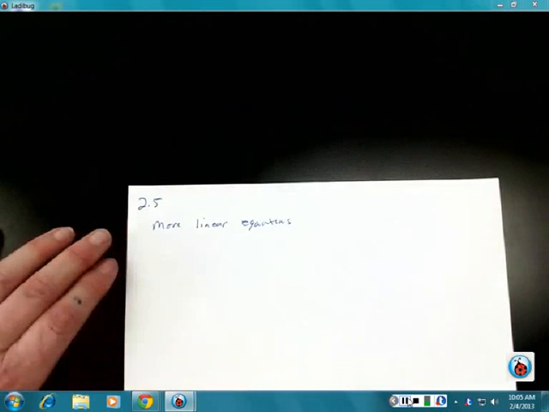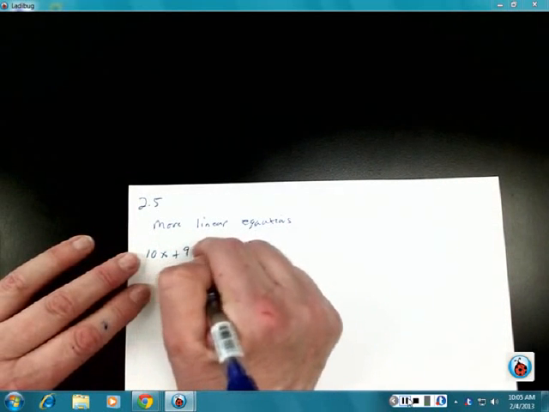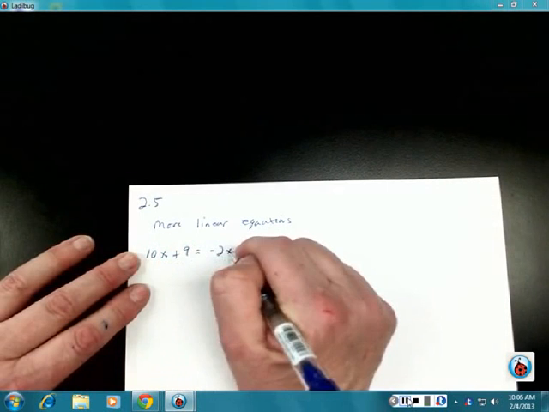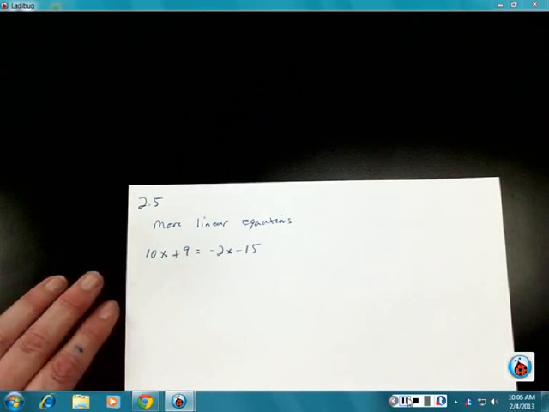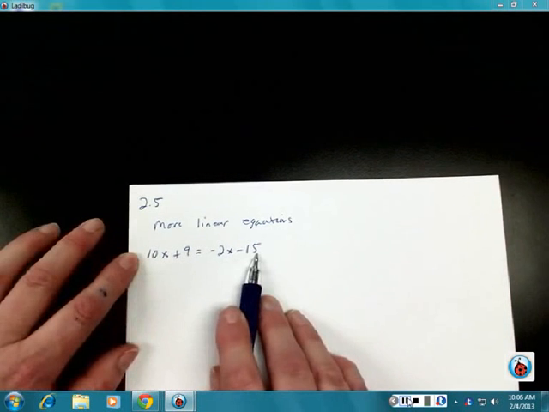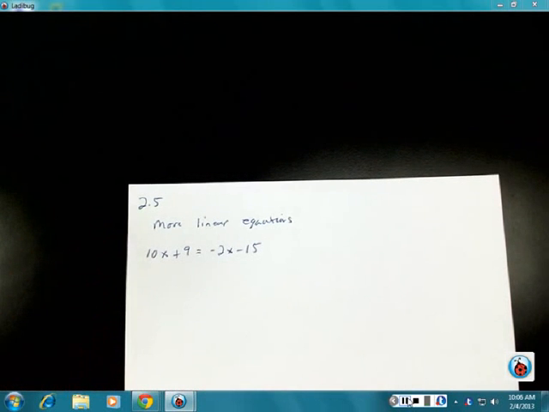In more linear equations, we take the stuff that you learned in section 3.3 and 3.4 and apply it in a little bit different manner, because now, in some of the other ones you did, you only had letters on one side of your equation, or only numbers on one side.